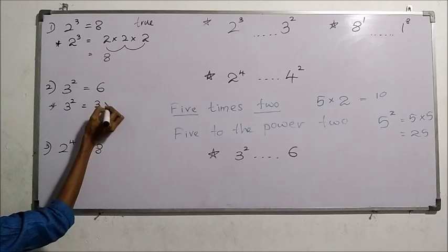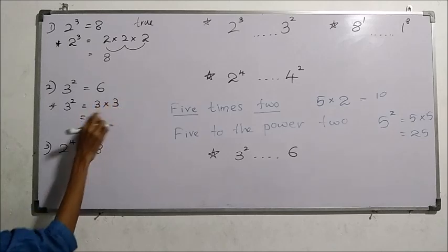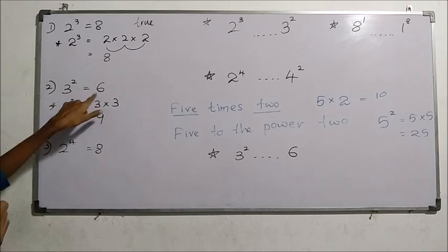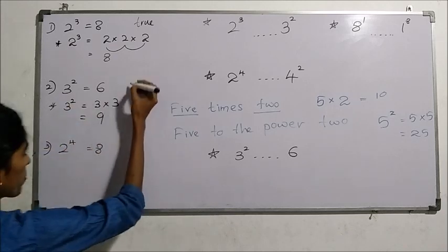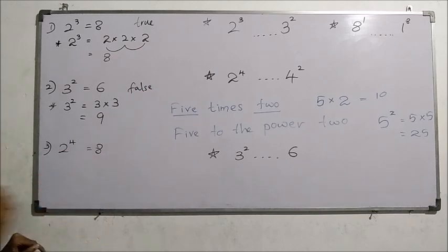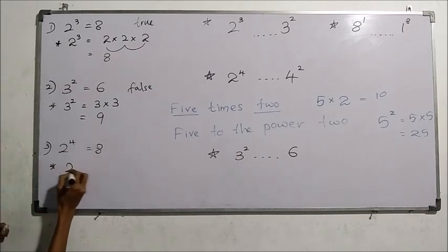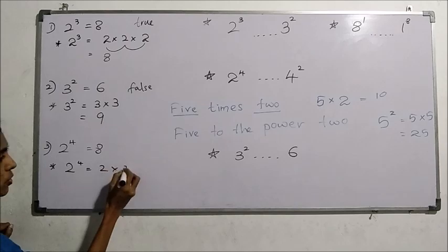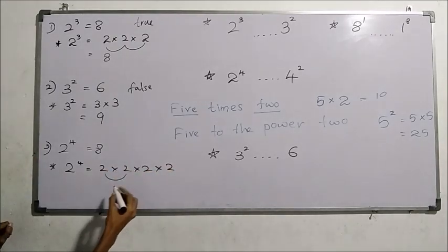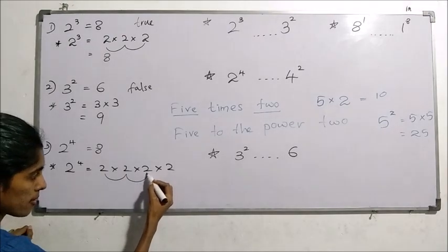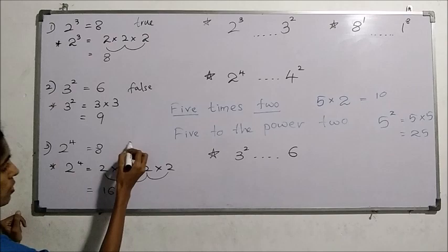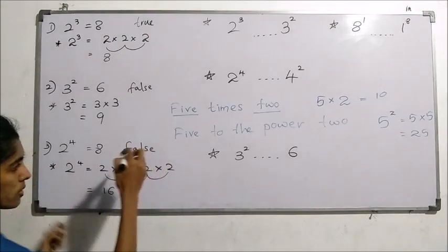That means 3 multiplied by itself only once. 3 times 3 is 9. Here the statement is wrong. Next, on the left side 2 should be multiplied by itself 4 times. 2 times 2 is 4, 4 times 2 is 8, 8 times 2 is 16. Not equal, so that is also false.